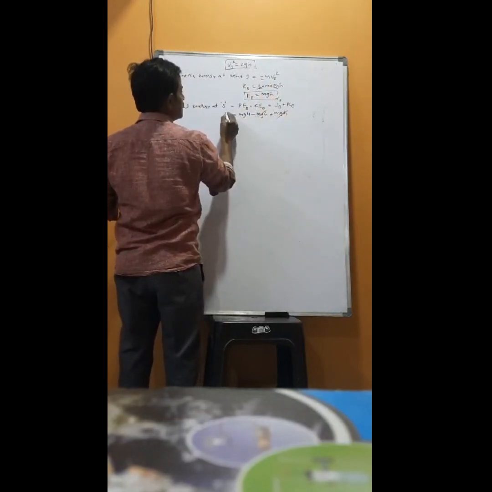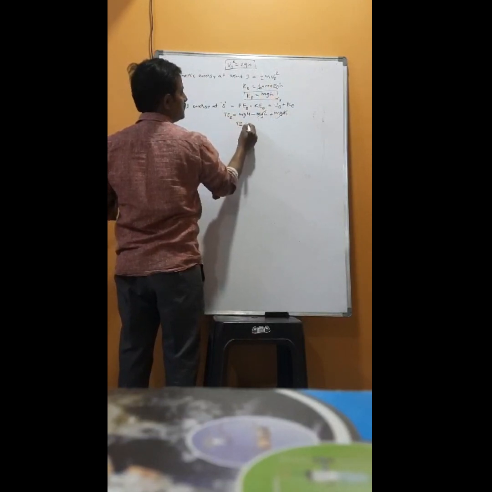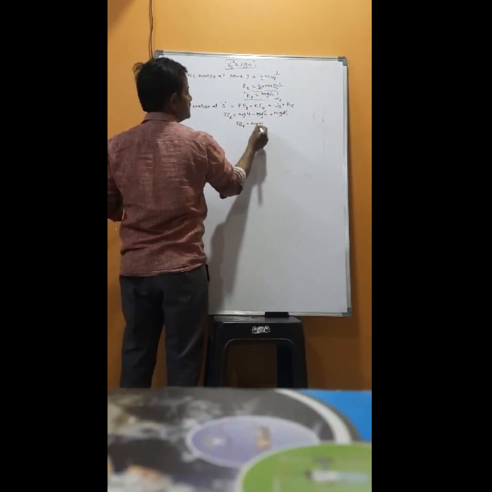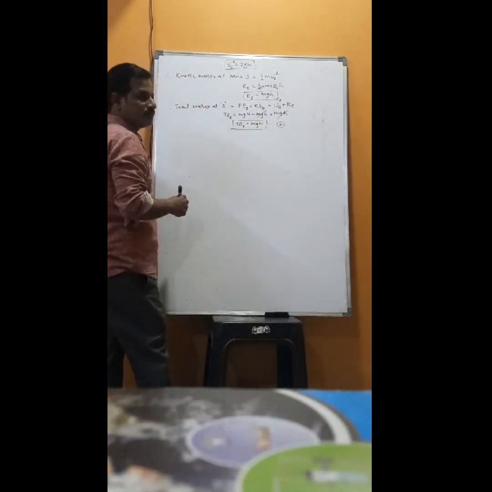This one gets cancelled. Total energy at B is equal to mgH. We are considering this as equation 2.